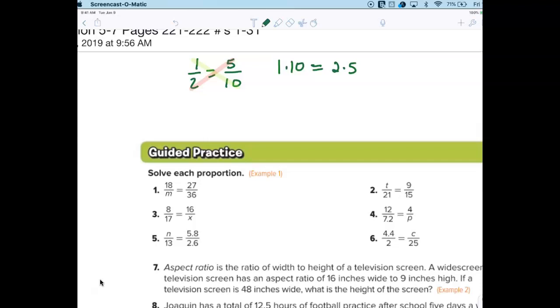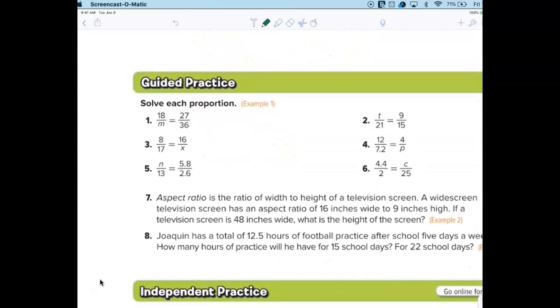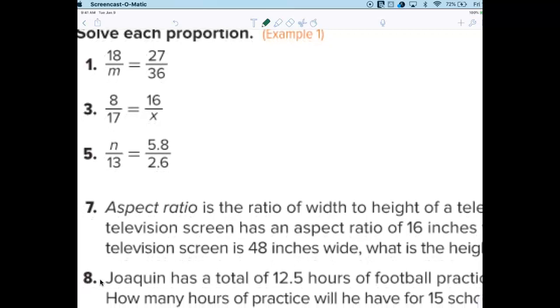So everybody's going to put number 1 down, and you don't even have to write the original problem. To solve a proportion, what did I say we do? You cross multiply. So when I cross multiply, I put the variable first. So what's m times 27? Very good. 27m. So everybody writes down 27m.